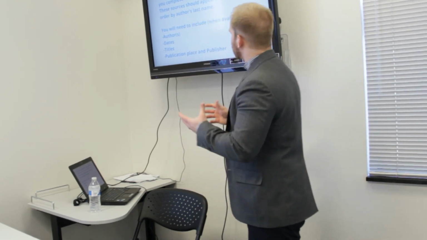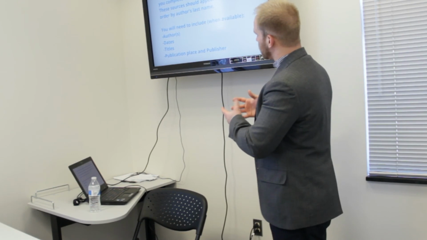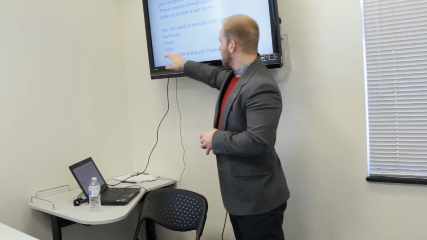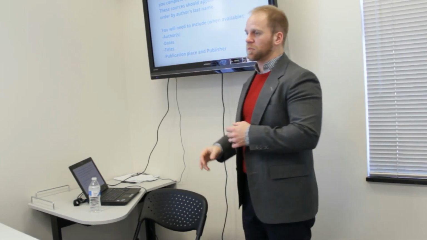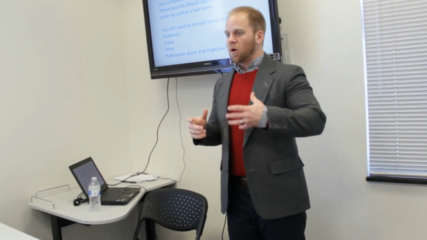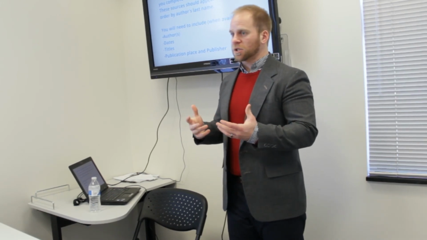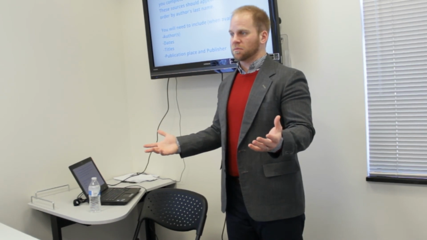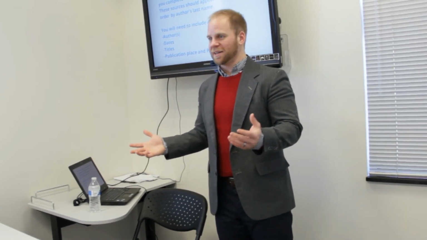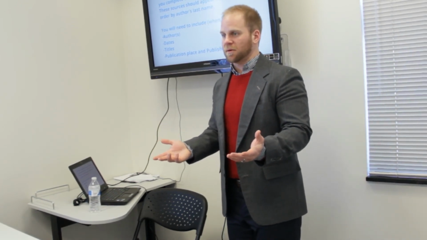Okay, so when it comes to reference pages, there are certain things that you're going to need in each entry. You're going to need some basics like your author, your date, your titles, and your publication place and publisher. Now keep in mind that when research papers were started, initially what was your only resource? Before we had the internet, before we had journals, before we had newspapers, what were you using to write a paper?